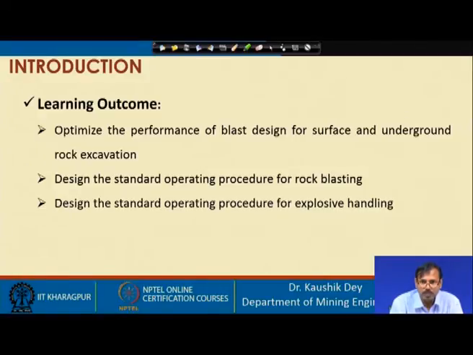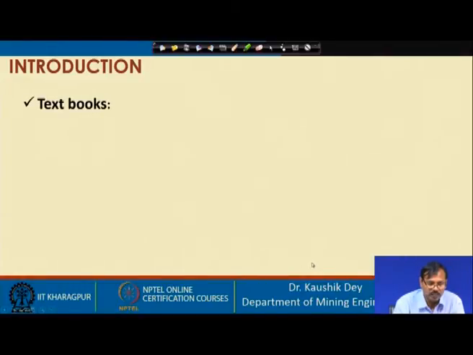There should not be any deviation allowed in the standard operating procedure, and I want the people attending this course to know how to design these SOPs.